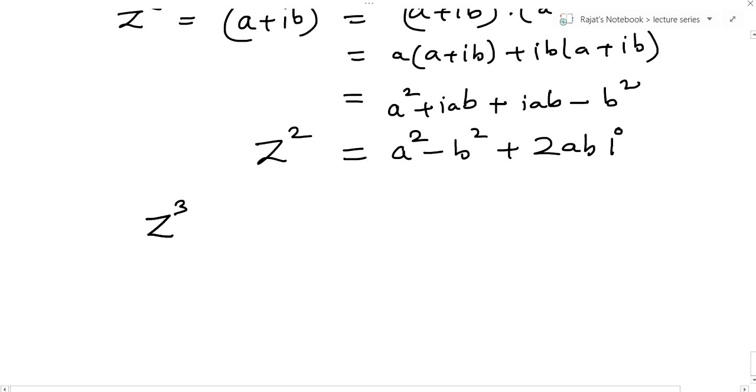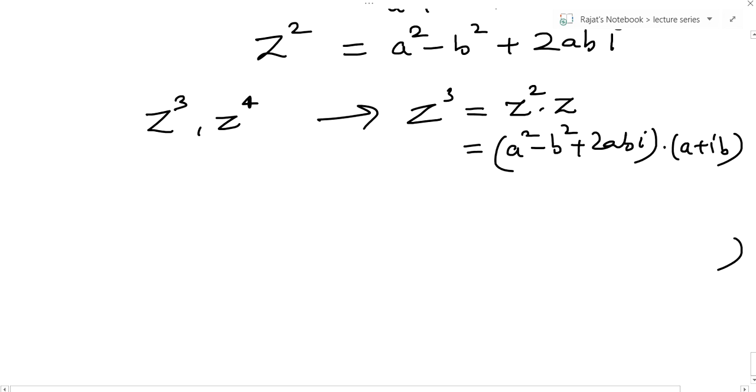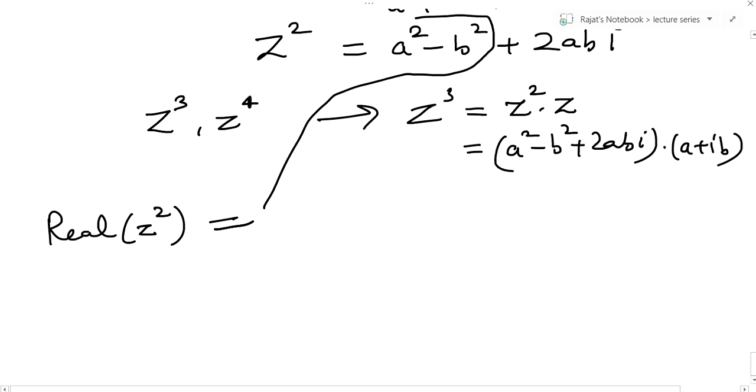Similarly, you can find z cube, z to the power 4, any power. z cube will be nothing but z square into z, so you have z square, a square minus b square plus 2abi, and you multiply it with z once again. If I ask you what is the real part of z square, it is the part that does not have iota, so it is a square minus b square.